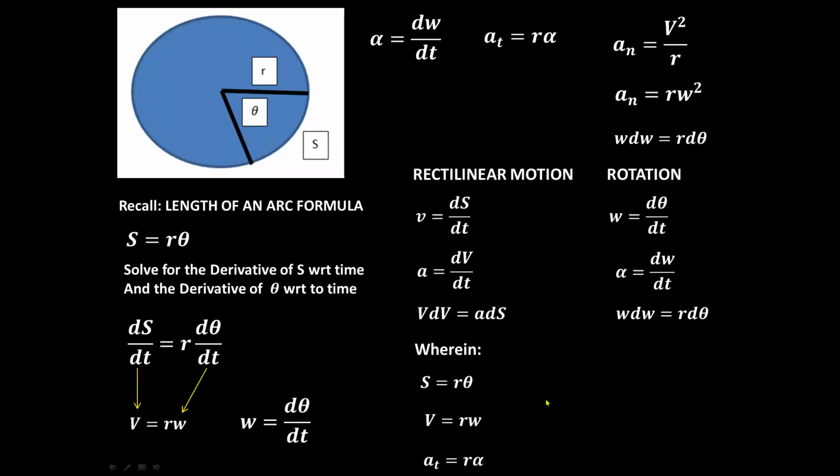And tangential acceleration, binalikan ko lang yung kanina, R alpha. And the normal acceleration is equal to RW square. So take note of these four formulas. And even yung rectilinear and rotational motion, yung mga equations natin.